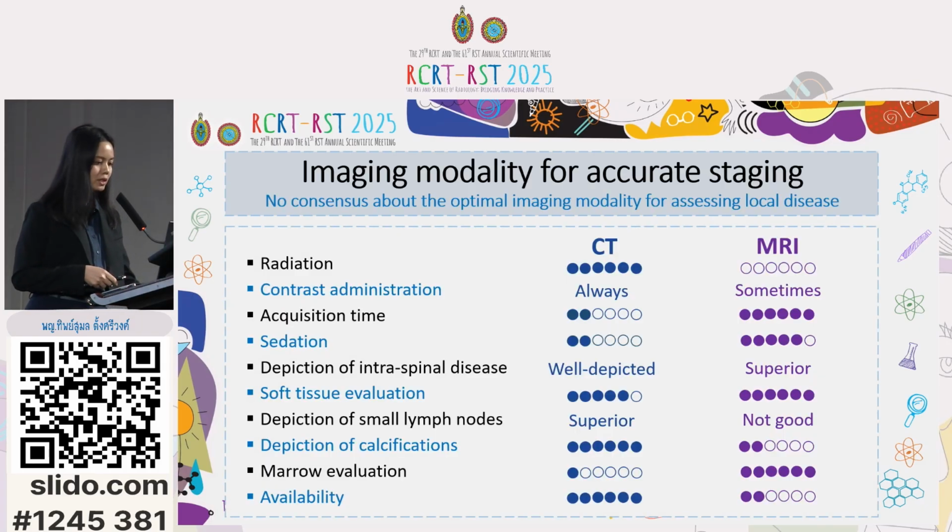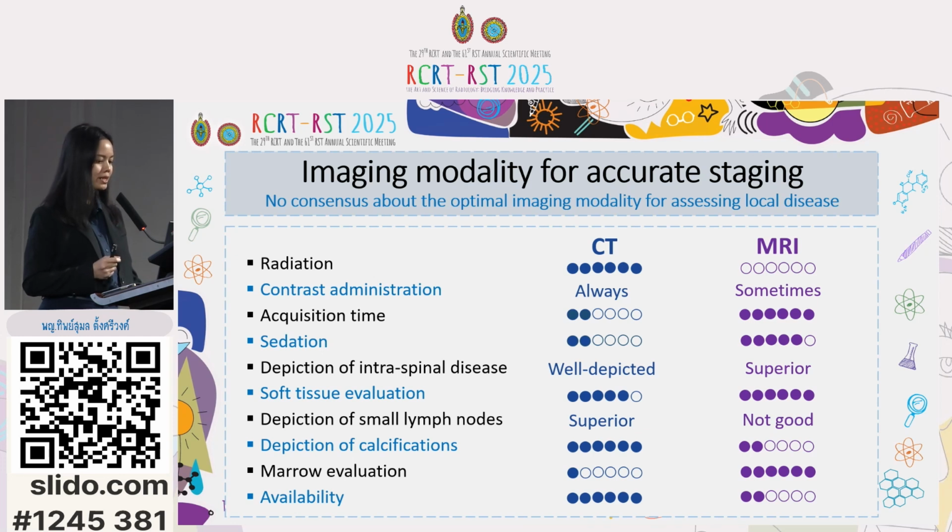Shifting our focus to compare CT and MRI for staging neuroblastoma. Currently, there's no consensus about the optimal imaging modality for assessing local disease, as both have advantages and limitations.